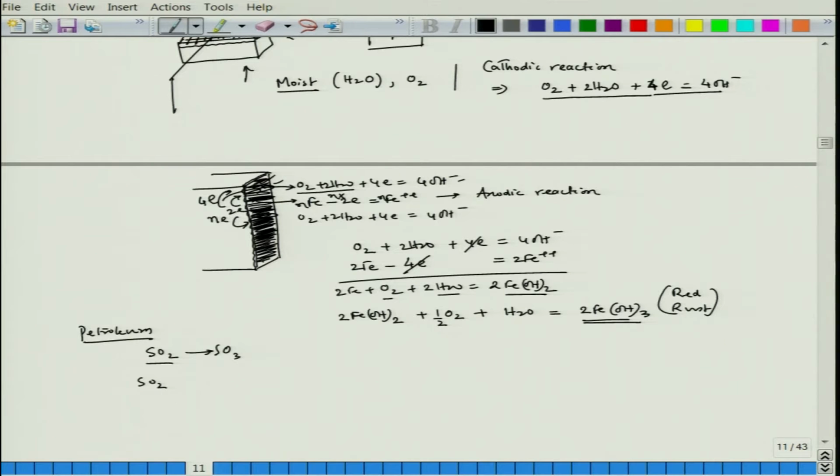These are the normal pollutants in petroleum industries. So, this reaction can form SO3.